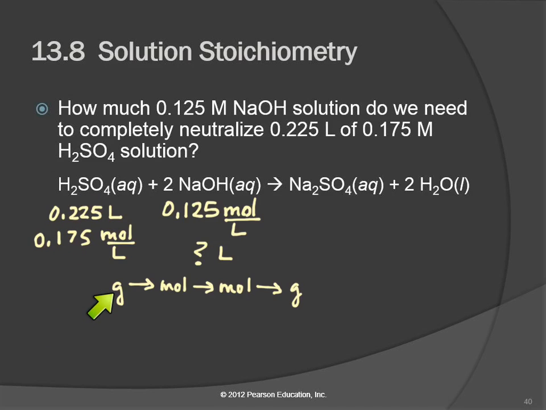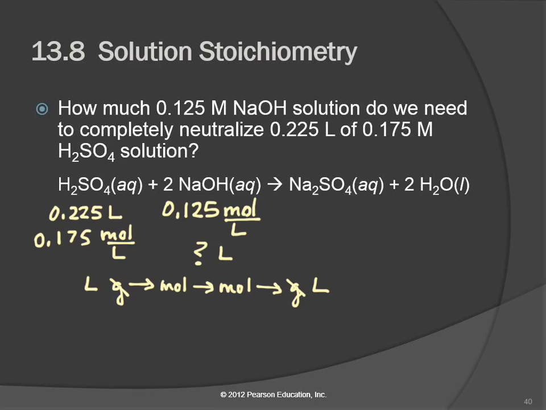What we had done before is we had a mass, and we used the molar mass to convert to moles. We've now learned how we can take a volume and use the molarity to convert to moles. So instead of grams at the beginning, we're going to have liters. And then at the end, it's asking how much of this solution, and so that's going to be a volume as well.